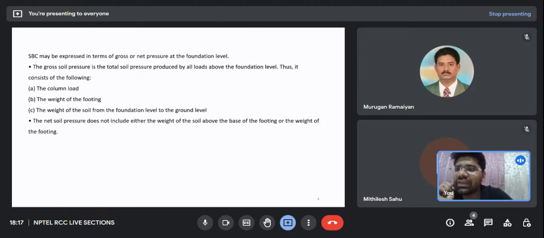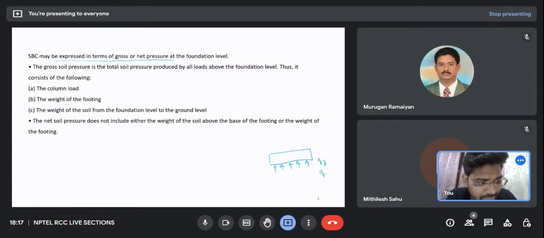So the safe bearing capacity may be expressed in terms of gross or net pressure at the foundation level. Suppose I have a foundation, the safe bearing capacity can be expressed either in the form of gross pressure or in the form of net pressure.